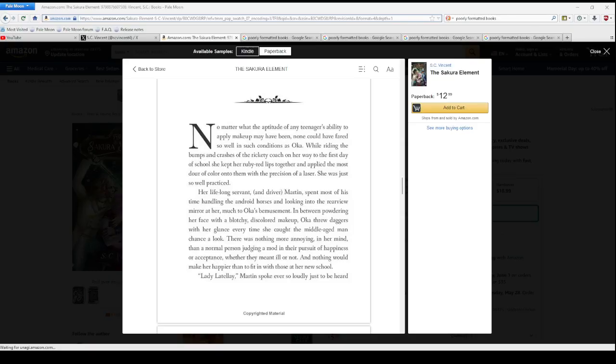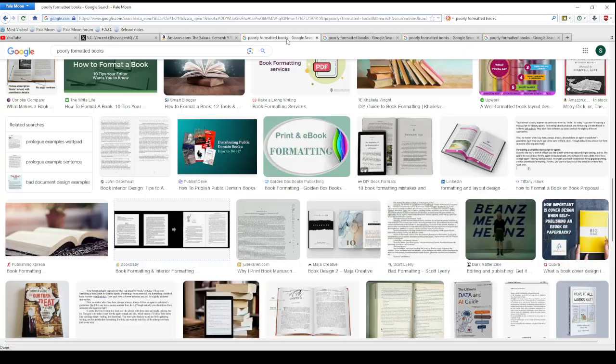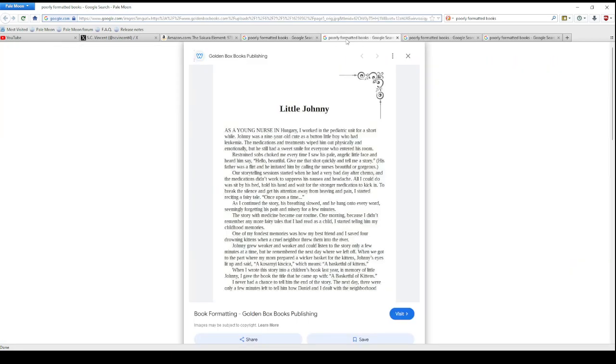It's actually not done in this book, so we'll have to show you some pictures online of it being done. It's when your book's paragraphs are not justified. So let's take a look at that. I'm going to try to make just a few points because I don't want this video to be 20 minutes like the last one.